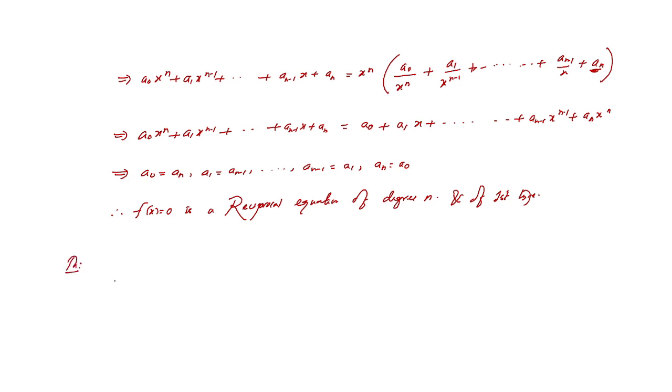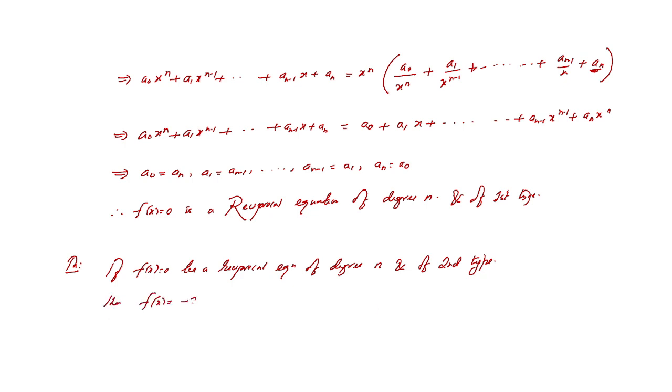Similar theorem, in the same way: if f(x) equals 0 is a reciprocal equation of degree n and of second type, then f(x) equals minus x to the power n f of 1 by x. If it is second type, only the minus sign comes here.